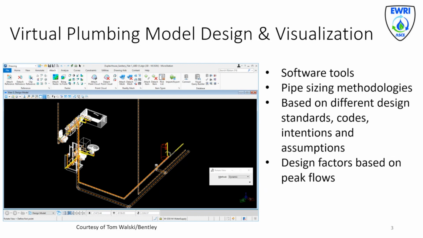And what are the different intentions behind the designs and the different assumptions that will lead to very different designs and layouts of premise plumbing systems? Many of these approaches are based on design factors like peak flows, and we're going to be hearing a lot about that today. This picture shows an image from Bentley's Open Building Designer tool, and you can see the nice 3D layout of the plumbing system. Next slide, please.